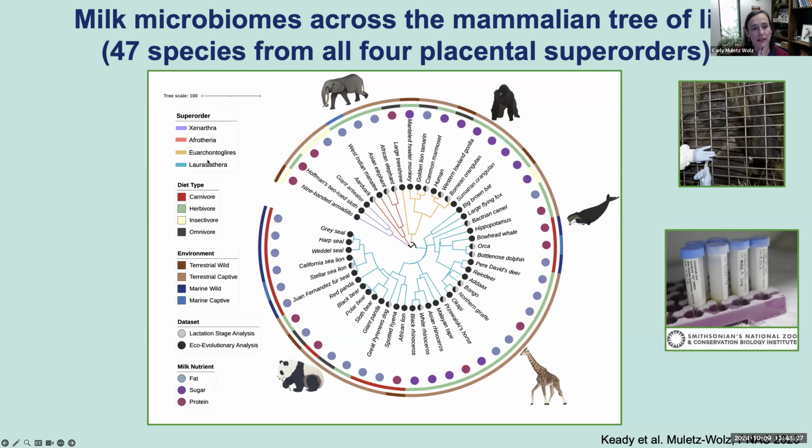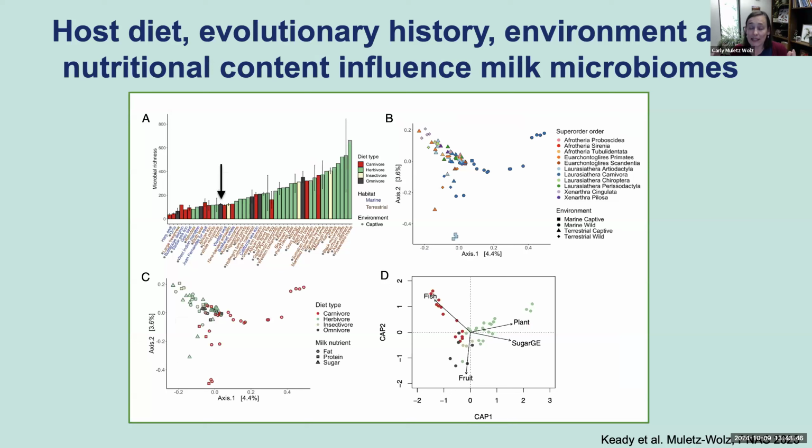We spanned all 4 placental superorders. Within each superorder, we tried to capture multiple diet types, multiple environments, and also multiple milk nutrient profiles as best we could, but those tend to be more evolutionarily conserved. And when we did this, we found that again, host diet, evolutionary history, environment, and nutritional content influence milk microbiomes across all mammals as they do within primates.